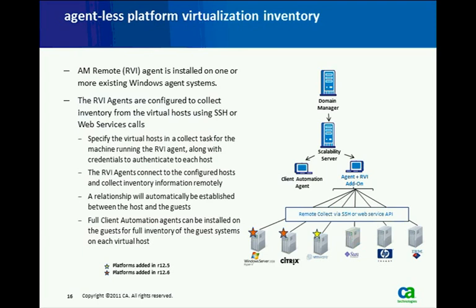And then when you run that agent to collect the inventory, it connects to those hosts and collects that inventory remotely. Now, it will also establish a relationship in your console and your inventory between your hosts and its guests, and you do that by installing an agent on your guest systems.